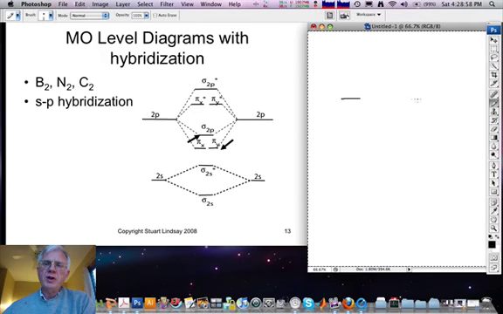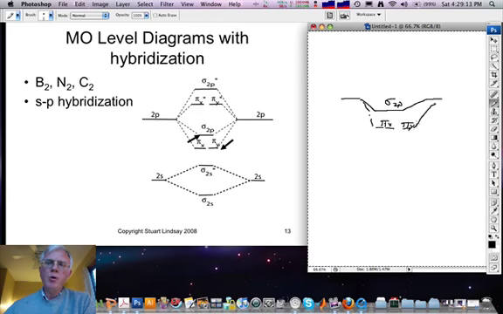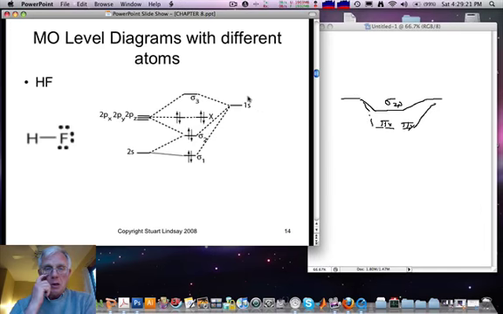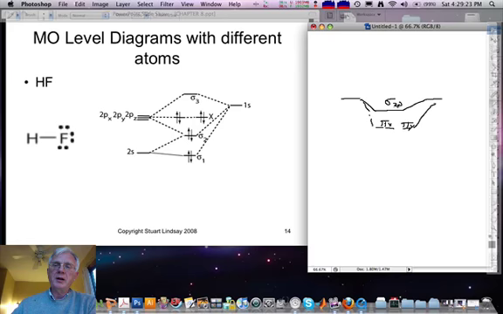So note on this diagram on the slide that this orbital here is the sigma 2p, and this lower lying orbital here are the pi x and pi y orbitals. So that is the picture of the simplest types of homonuclear molecules.